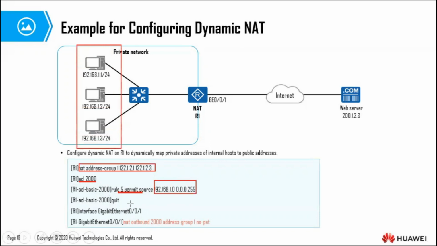All these people. Then quit. Then we go to the interface and use the command nat outbound, then the ACL group number 2000, address-group 1. Then no-pat. So that's how we do that.